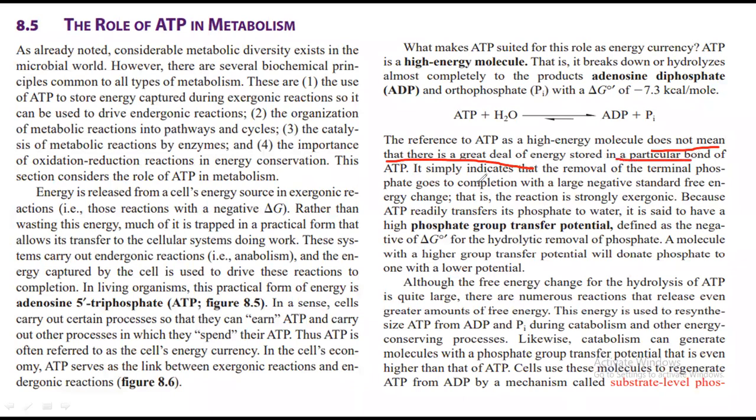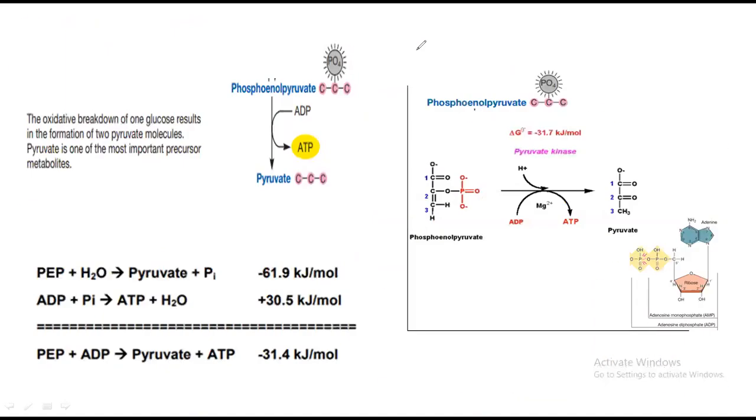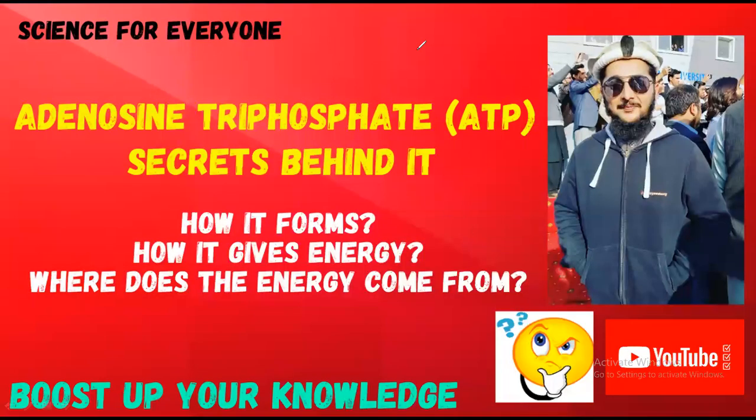It simply indicates that the removal of the terminal phosphate goes to completion with a large negative standard free energy change, that is minus 30 kilojoules. So just study this text, and after that you will be much clearer about it. And this is the remaining part of the text. Just take a screenshot, and then you will know it.